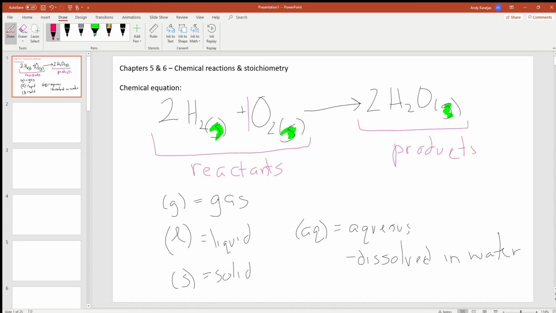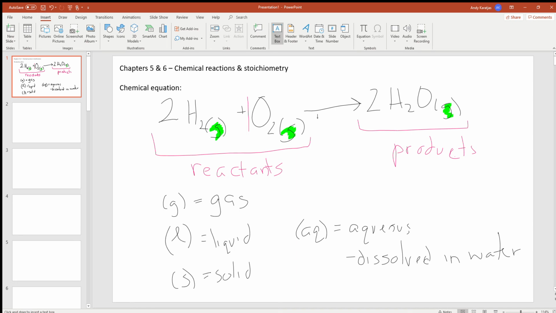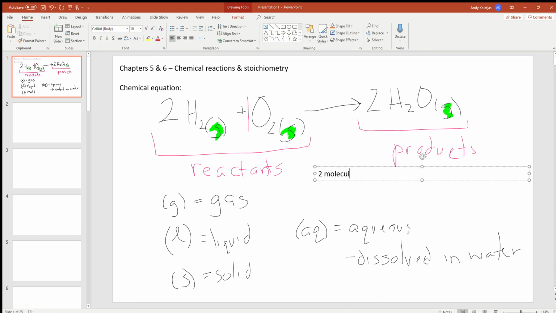Any number that's not 1 would have to be drawn in. So what this tells us is that two molecules of hydrogen gas react with one molecule of oxygen gas to form 2 molecules of water.